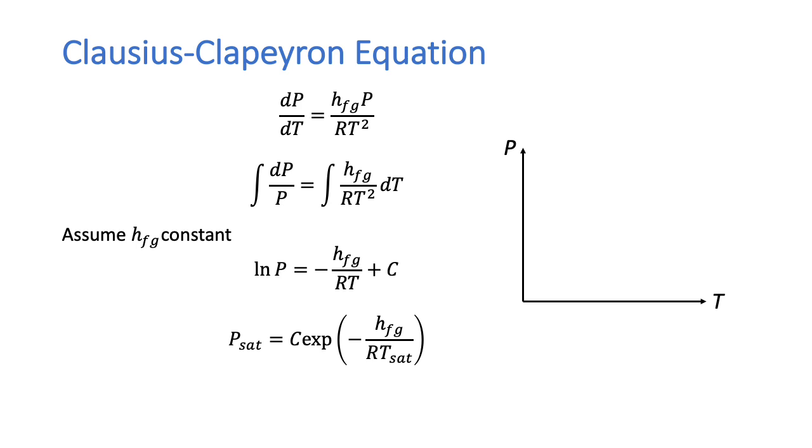So we can draw this equation, which is known as the Clausius-Clapeyron equation, and we can draw it on a PT diagram. This represents the equilibrium states now. On the right-hand side, we have the vapor phase. On the left-hand side of the curve, we have the liquid phase. All states along that curve are equilibrium states.